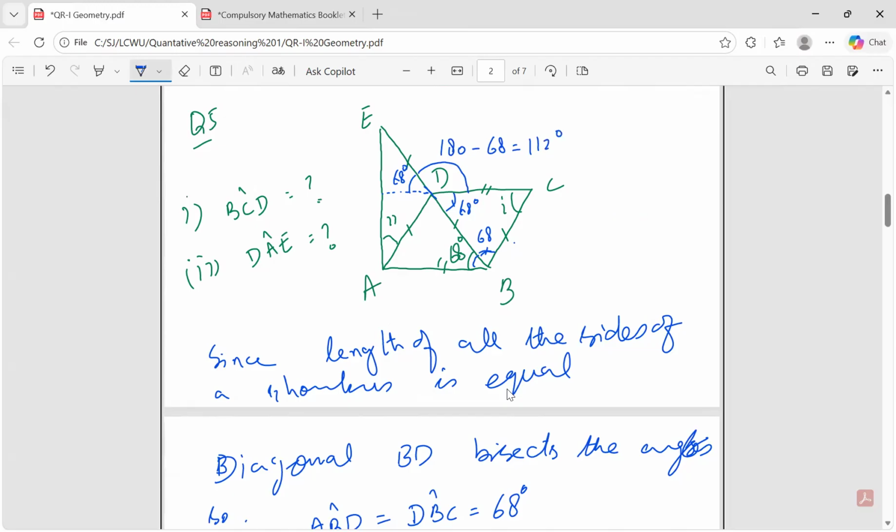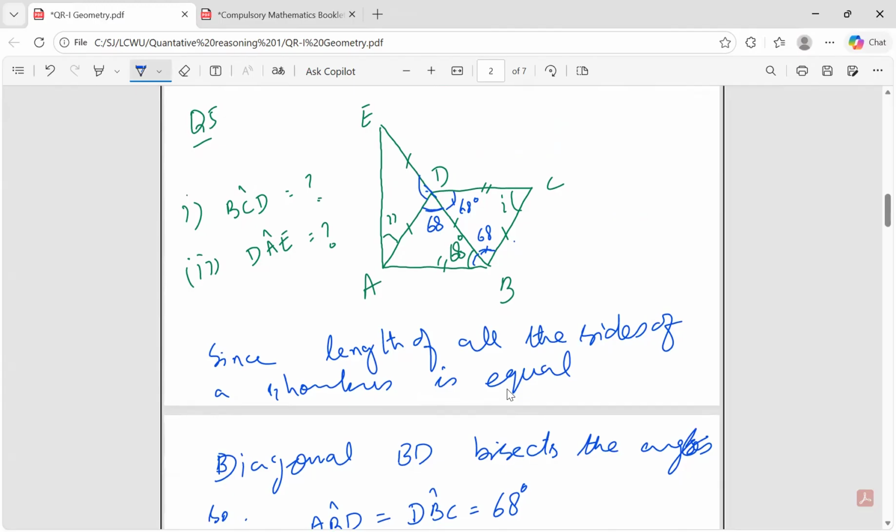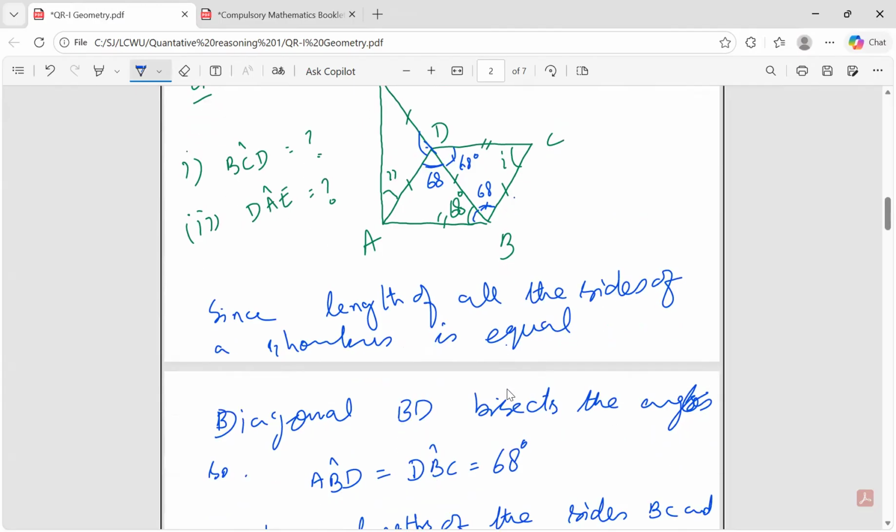Now this is 68 degrees, and since this angle is 68, this one angle is also 68 degrees. So the angle ADC, this would be ADE.